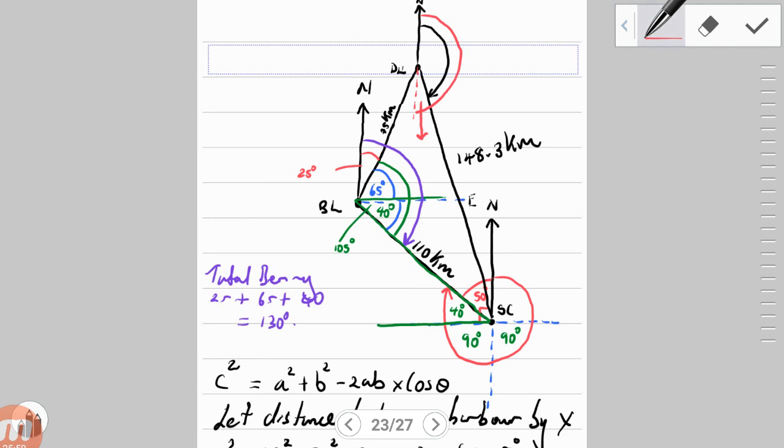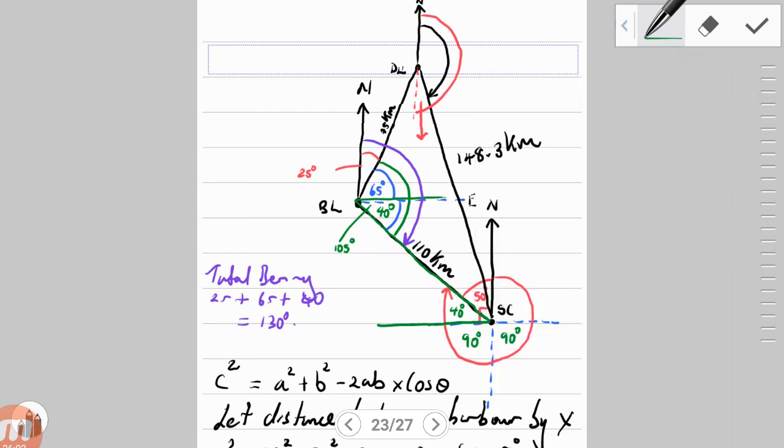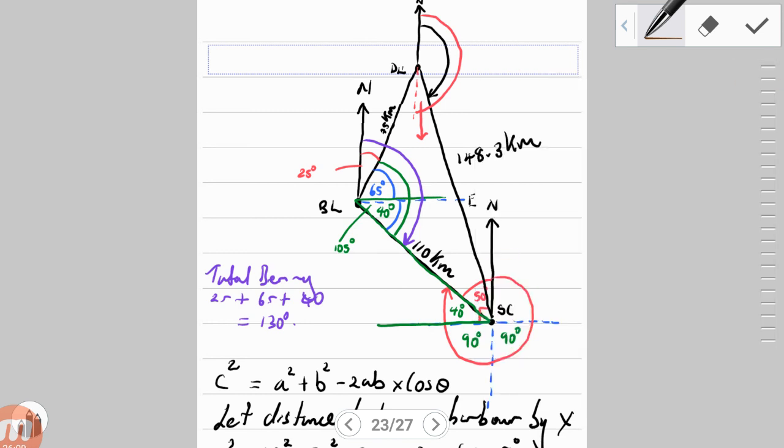So I know right away that this little piece of angle in here is going to be exactly equal to this little piece of angle in here because of the alternate angle principle. So those two angles are for certain going to be equal.